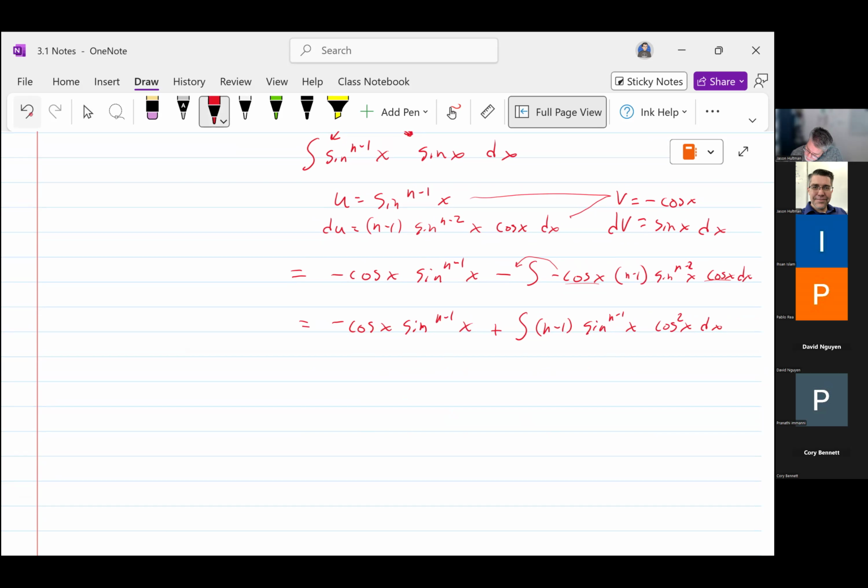One thing that I'm going to do here, since I have a cosine squared, I'd like to have everything in terms of sine, and not in the integral. So this I'm going to make as 1 minus sine squared x.